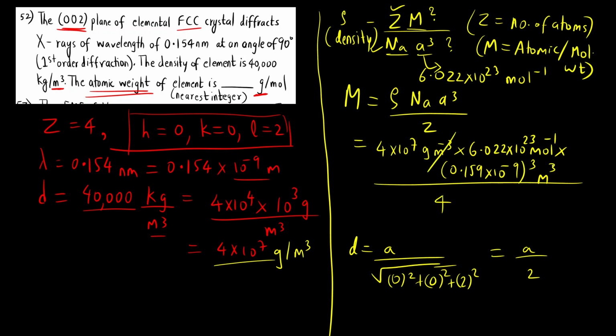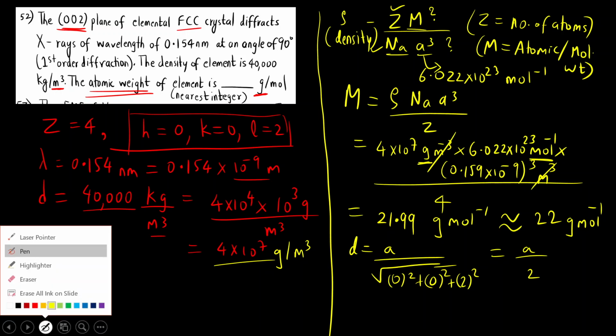You can see meter raised to minus 3 and meter raised to plus 3 get cancelled. We will get the answer in gram per mole. If you solve, you will get the answer as 21.99. This we can round off to 22 gram per mole.